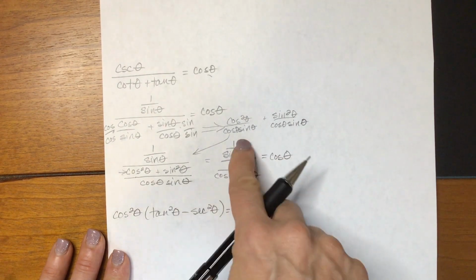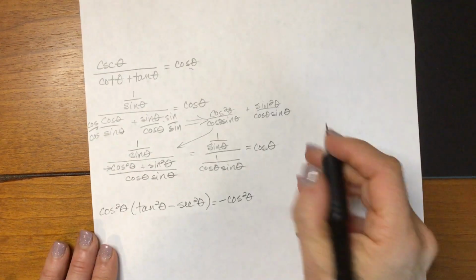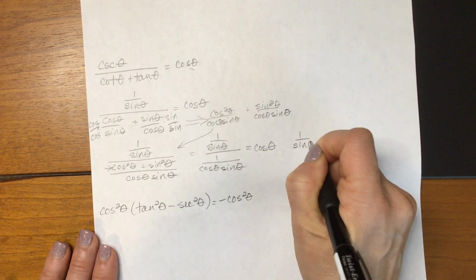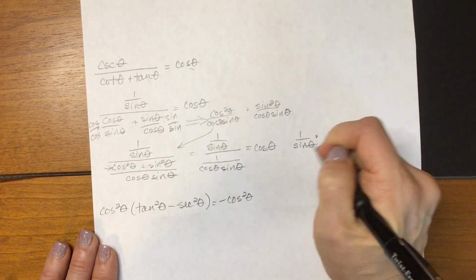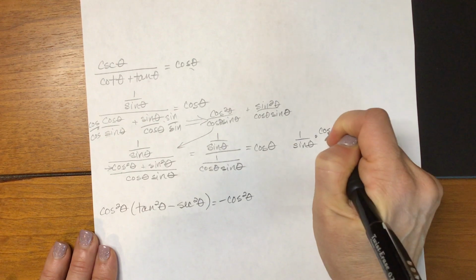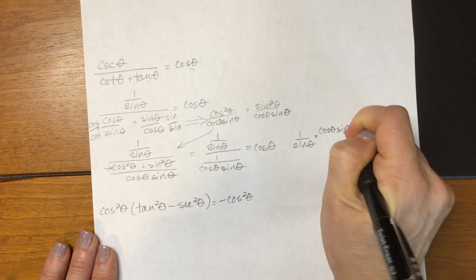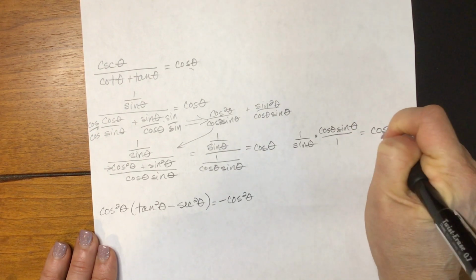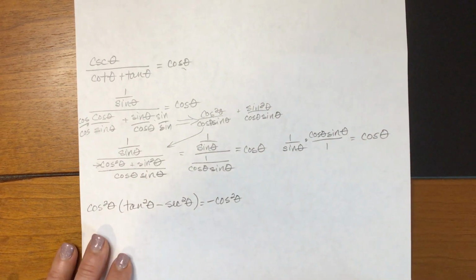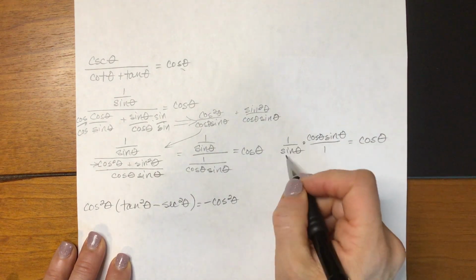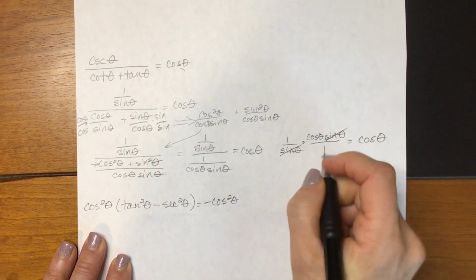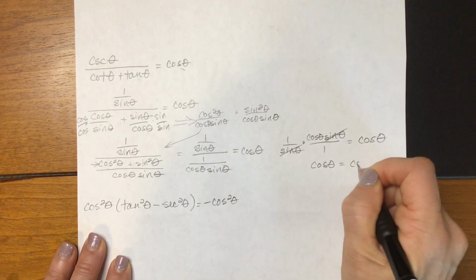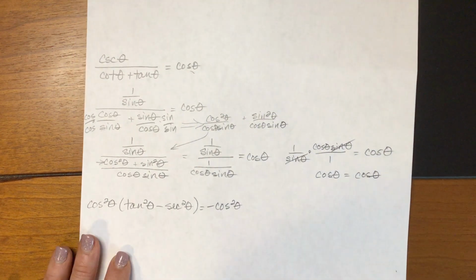So now it's just simple division of fractions. So this is going to be 1 over sine times cosine times sine over 1. We want that to equal cosine theta. And when we multiply these through, my sines cancel out, and I do get cosine theta equals cosine theta.